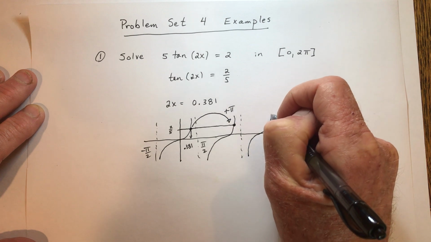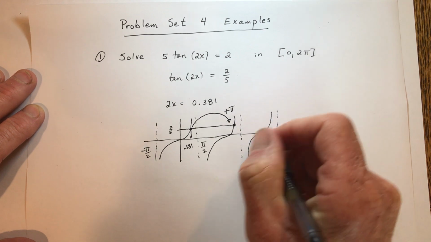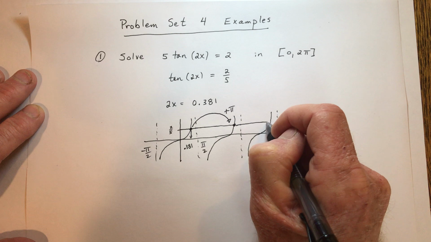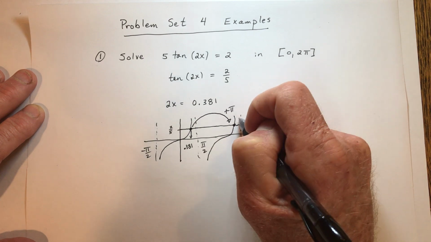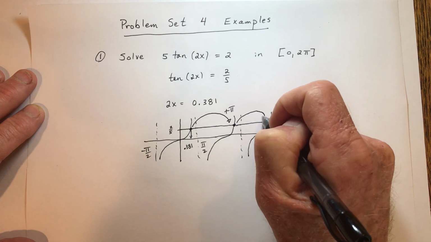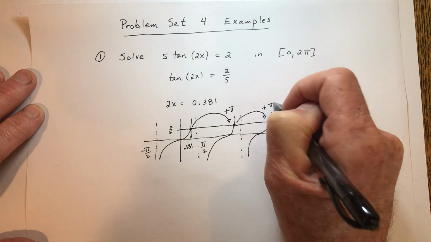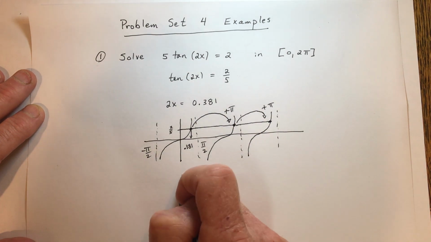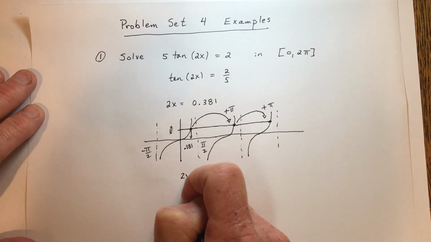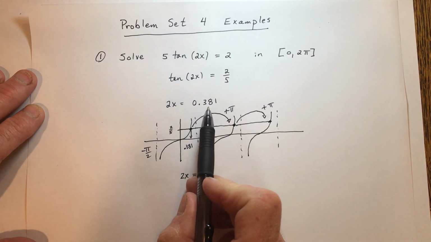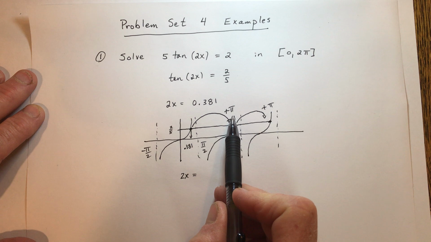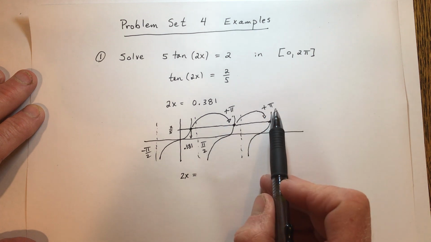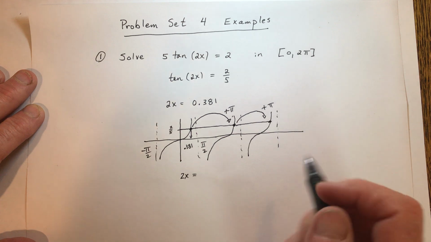Then if you want a third solution, just have another branch of tangent go across. And to go from this node to this node, add on another pi. And if you want another solution, add on another pi. So we're going to have 2x equals 0.381. And then for this one, it's going to be 0.381 plus pi, then plus 2 pi, then plus 3 pi.